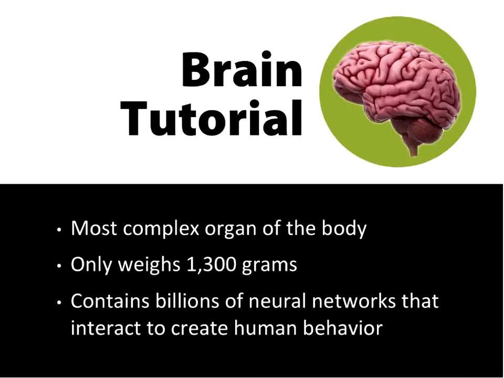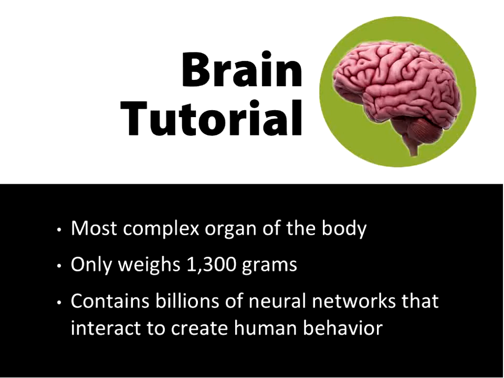But without further ado, we will go into some of the background information that is needed about understanding how the brain functions. Obviously, cardiac people may confuse this. They usually say the heart is the most important organ, but in reality, the most complex and important organ in your body is your brain. It only weighs less than 3 pounds.